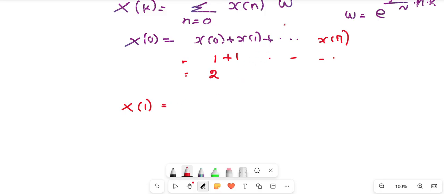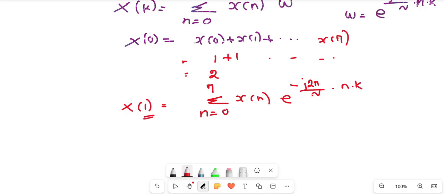So this is e power minus j 2 pi by n, where n is 8 for the 8-point. So x of 1: n equal to 0 to 7, x of n into e power minus j 2 pi by 8 into k n, where k is 1.